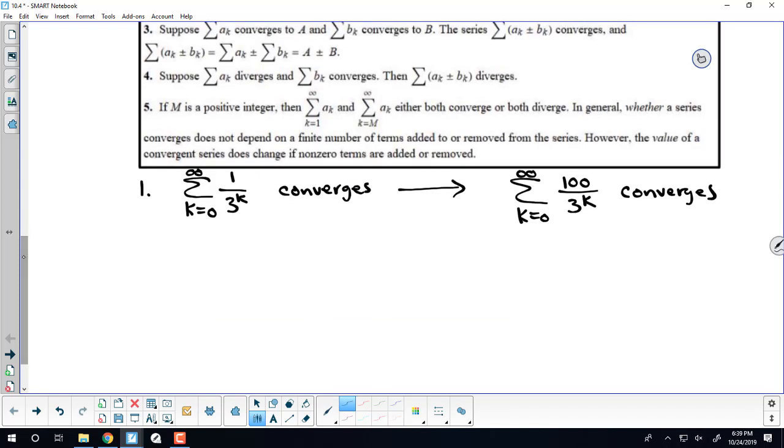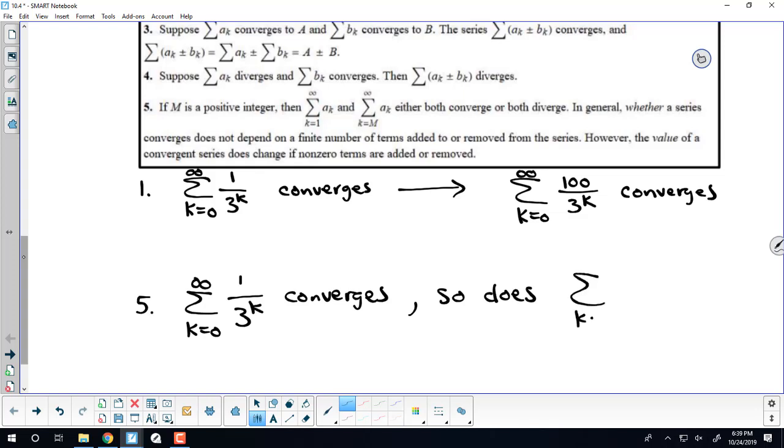Okay, so whether a series converges or not doesn't depend on a finite number of terms added or removed from the series. The only thing that's affected is the value itself. So again, I'll just stick with this example. The sum from k equals 0 to infinity of 1 over 3 to the k, we know that converges. So does the sum from k equals 100 to infinity.